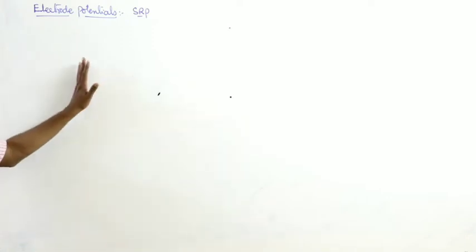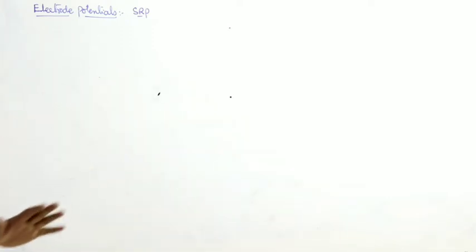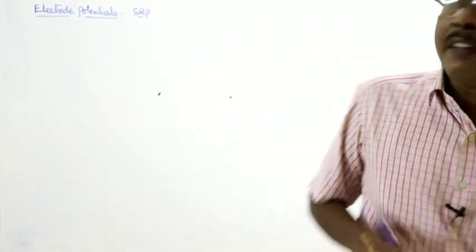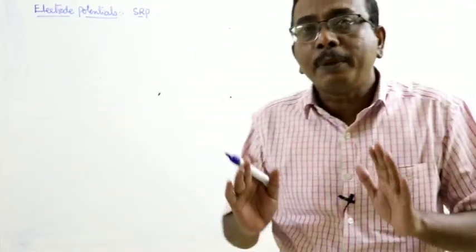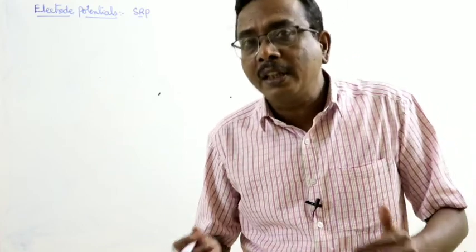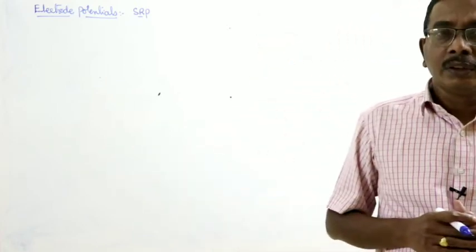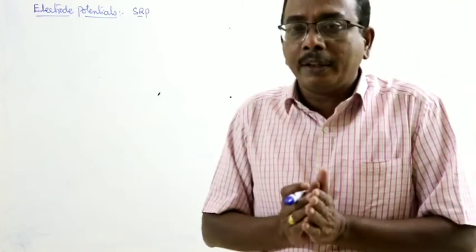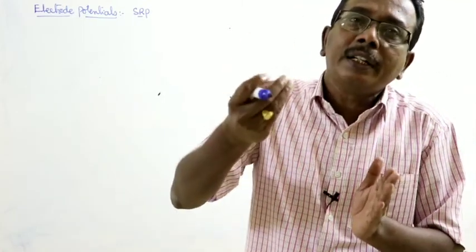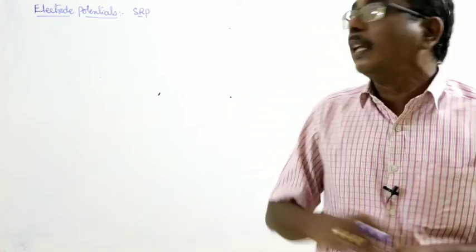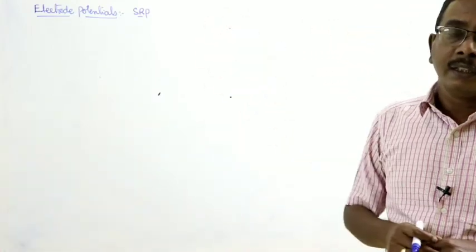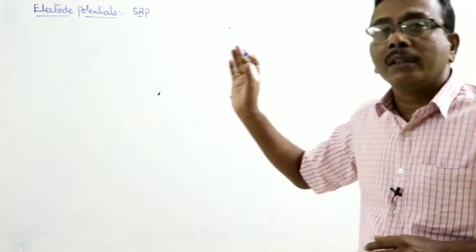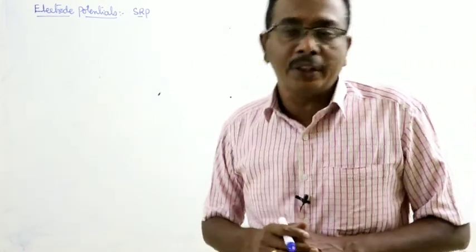What is electrode potential? Actually, this topic is given in the chapter electrochemistry, which is given in physical chemistry. If the electrochemistry is completed, then it is very easy to understand the concept of electrode potentials.